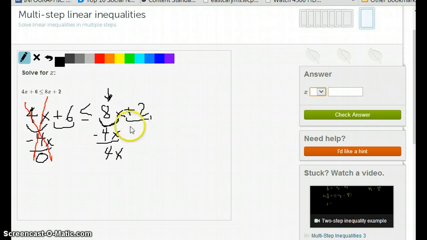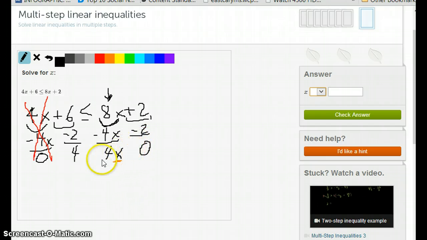Now we want to get x all by itself on one side, and it looks like it's easiest to do that over here. So let's get rid of the 2 on this side. We'll subtract 2, and we'll subtract 2. What's left over here is a 4, and what's left over here is 0. 2 minus 2 is 0.